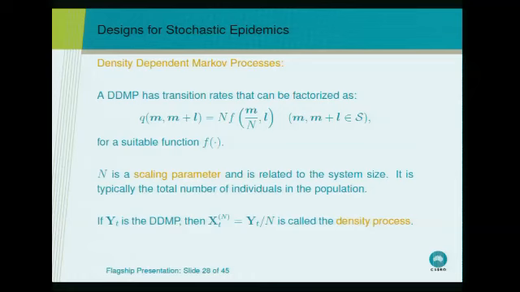So here for our SIR model, dividing the vector of the numbers of individuals in each state by capital N, we get the population densities. As I said, capital N is a scaling parameter. Typically it's the number of individuals in the population. And if Y of t denotes our density-dependent Markov process, then we call X of t, which is just Y of t on N, the density process.